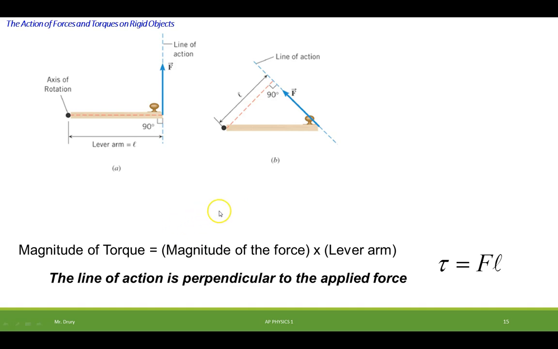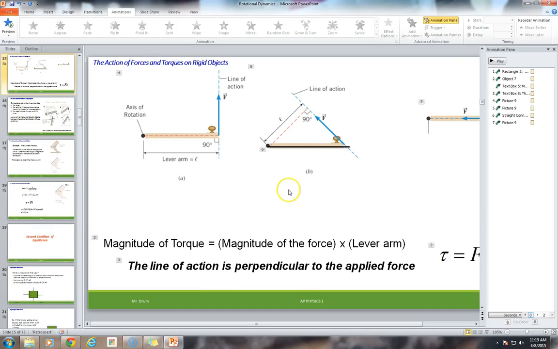All right, let me stop the PowerPoint for a second and show you what I'm talking about. Now, here's the force pulling up this way. Not all of this force is going to get it to rotate. So what we need to do is find out how much of this distance is actually going to be part of the lever arm.